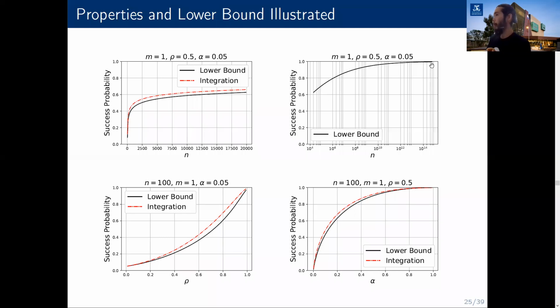And this plot here also illustrates that the lower bound itself does have that convergence to 1. In the plot down here, this also gives you the resemblance of the shape, but also the monotonicity properties in both your correlation rho and your alpha parameter.